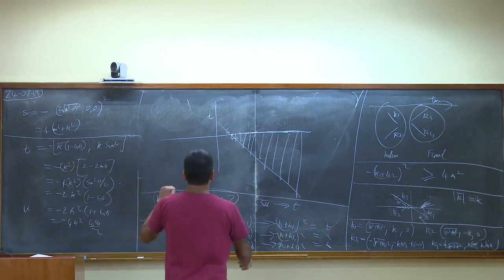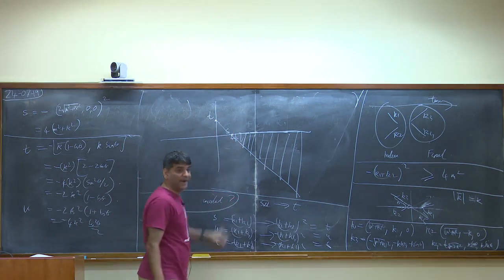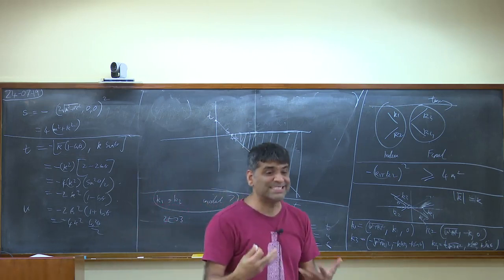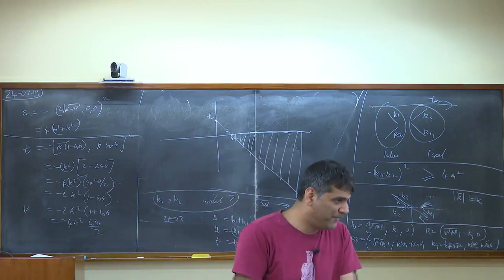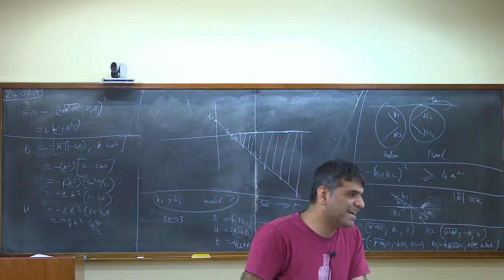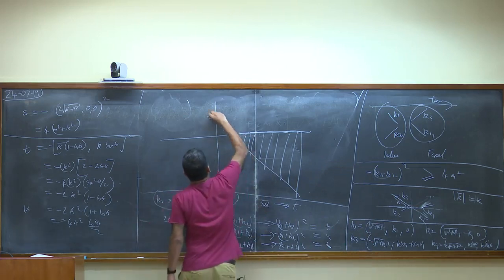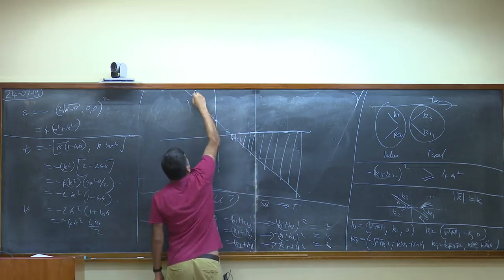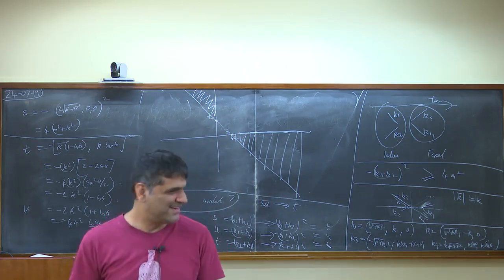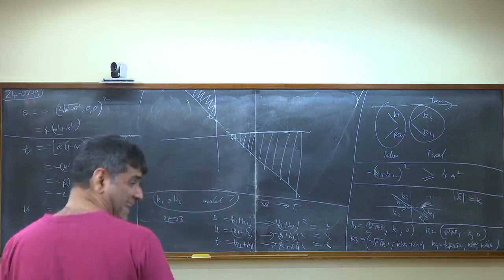Now we have something similar. What was the scattering when 1 and 2 were initial? It had S positive. Now we have T positive, and in fact T greater than 4m squared. So you see, we just extend this line here and shade this region. And that is the allowed region of scattering.